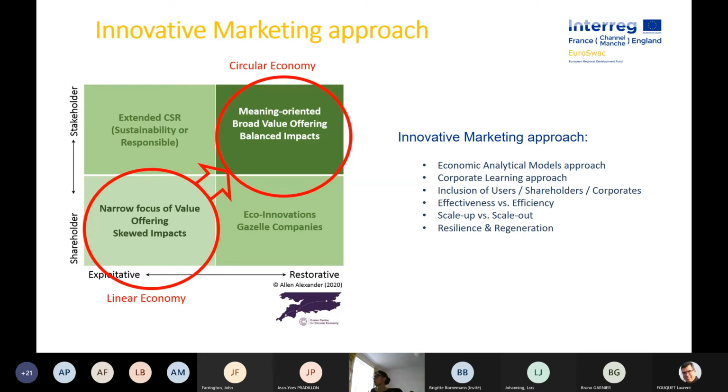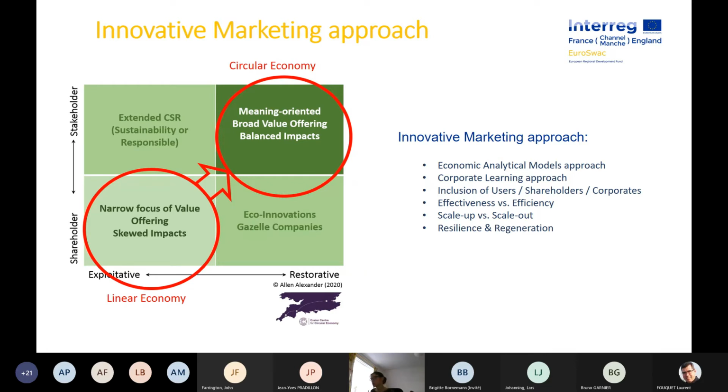And to do so, we need to change a little bit of approach. It's a lovely idea, but there are loads of things we need to change. But this is why we're working on it. So our approach would be to run some economical and economic analytical models. We will focus on the corporate learning, so the training to show the end users, shareholders, stakeholders, a different approach and how it can be cost effective and how it can be actually better than the approach we are taking right this moment.